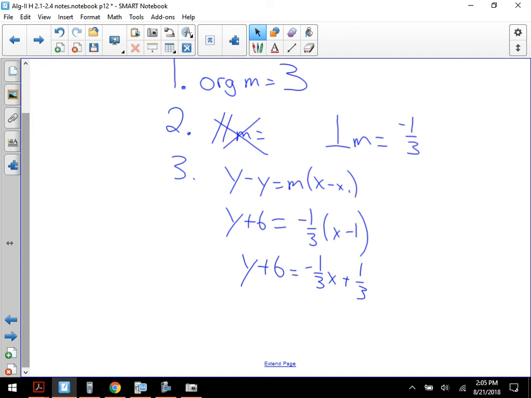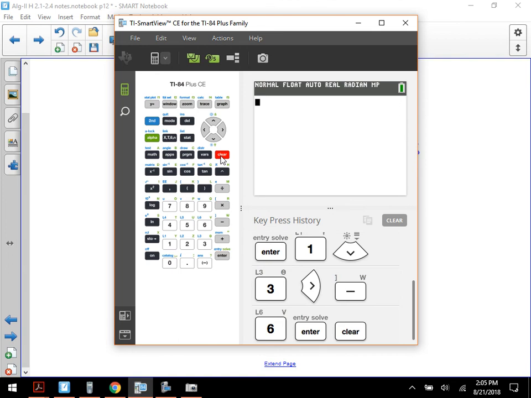I don't know about you, but I don't want to think that hard. So do you remember how to use the fraction bar on your calculator? Quick reminder. If you can do common denominator here, that's fine. Remember 6 is 18 over 3. It's not that bad, but if you get really crappy ones, there's no reason to. The most common thing you'll probably use on this calculator is to create a fraction bar.